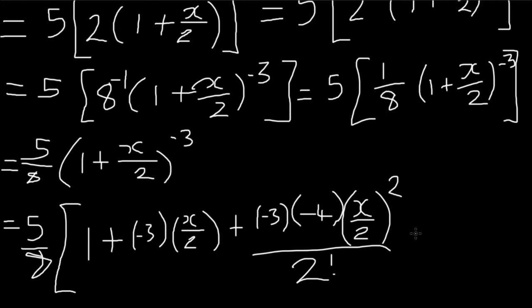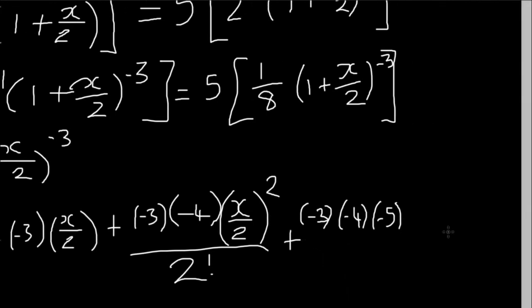2 factorial. And then the last term here, which is going to have x to the power 3, I will write my n there. What is my n? n is negative 3. And then my n minus 1 is negative 4. And then my n minus 2 is negative 5. n minus 2 is just the same as negative 3 minus 2, which gives negative 5.